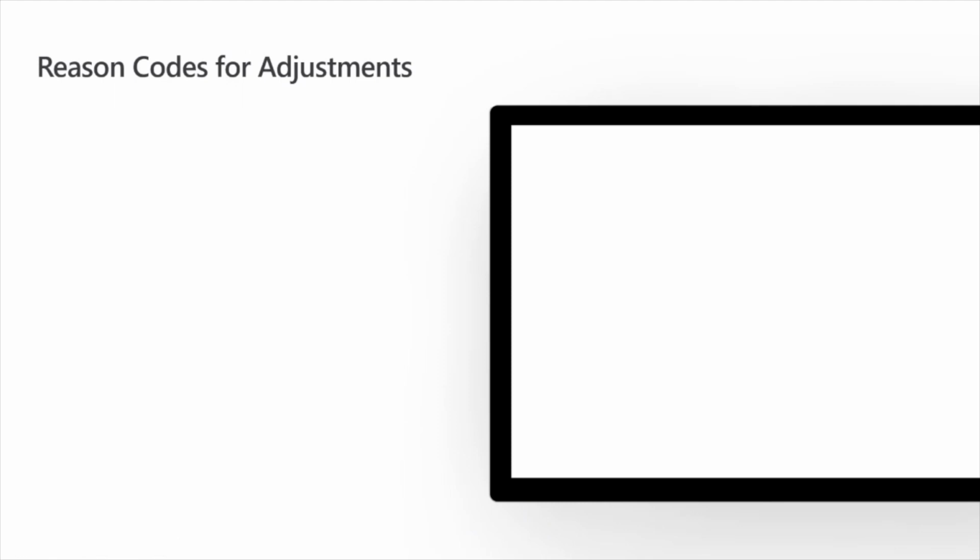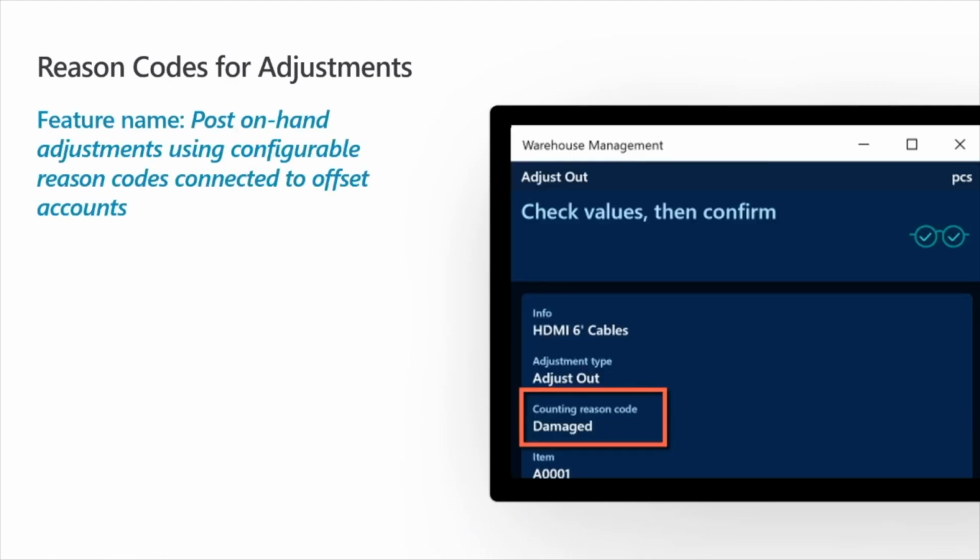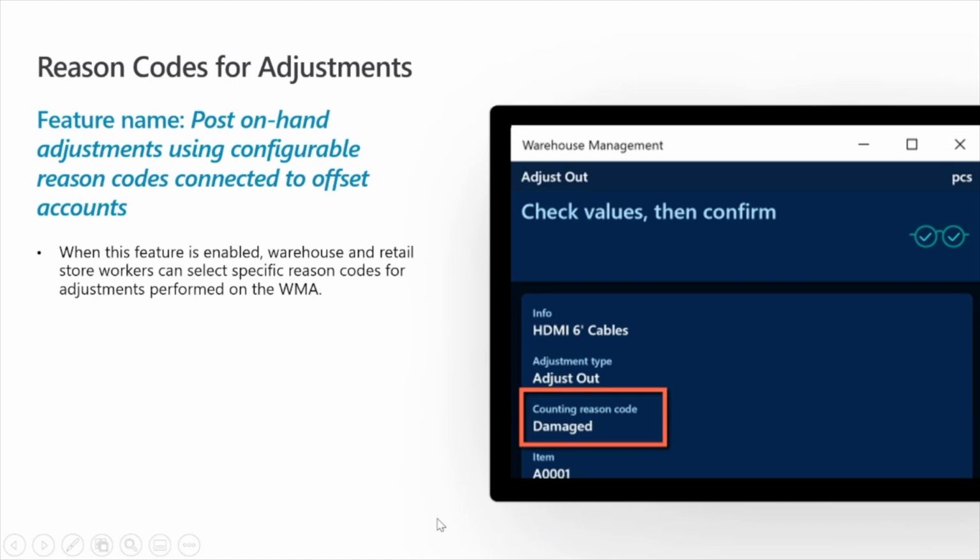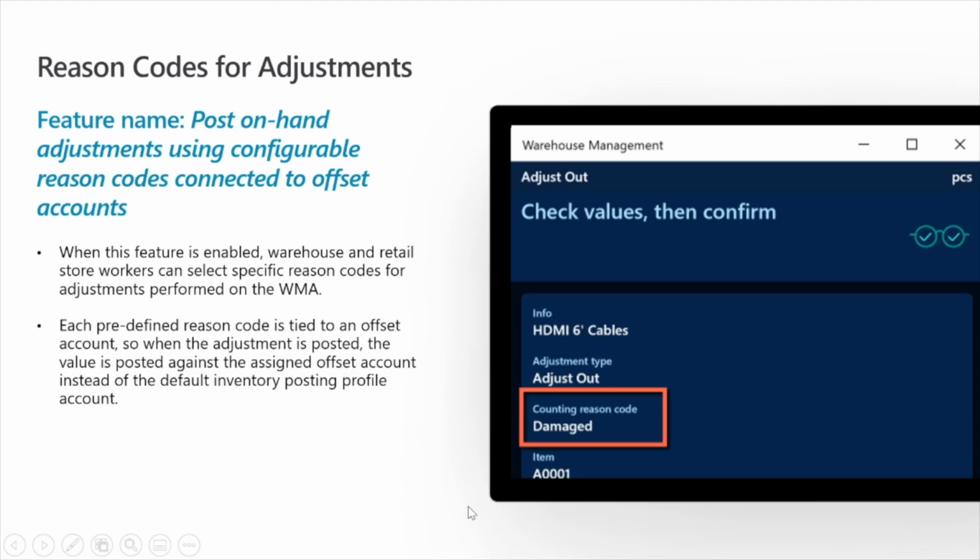So the reason codes for adjustment, the feature name that you'll find it under in the feature management workspace is a mouthful, and it is post on-hand adjustments using configurable reason codes connected to offset accounts. So this one, when you enable the feature, it allows the user on the mobile app to select a reason code for the count or the adjustment that they are performing.